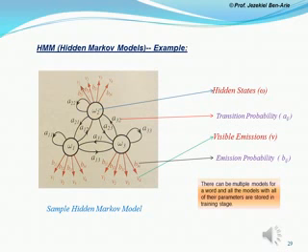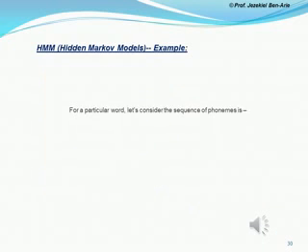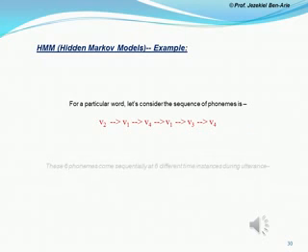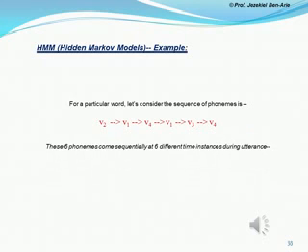For a particular word, let's consider the sequence of phonemes, which is V2, V1, V4, V1, V3, and V4. These 6 phonemes come sequentially at 6 particular time instances during utterance.